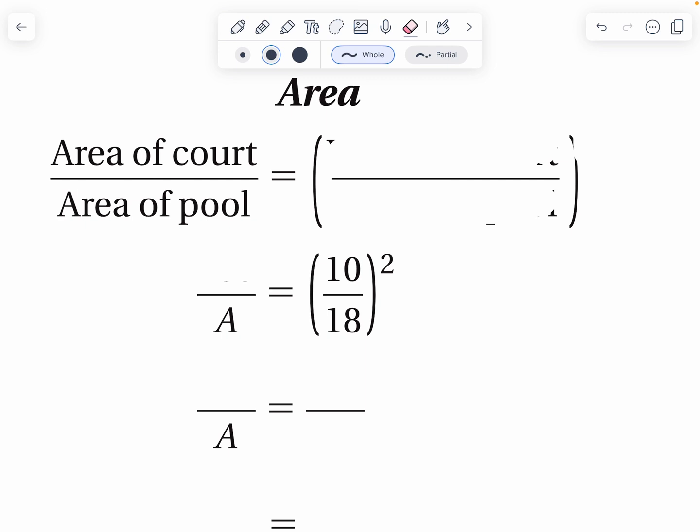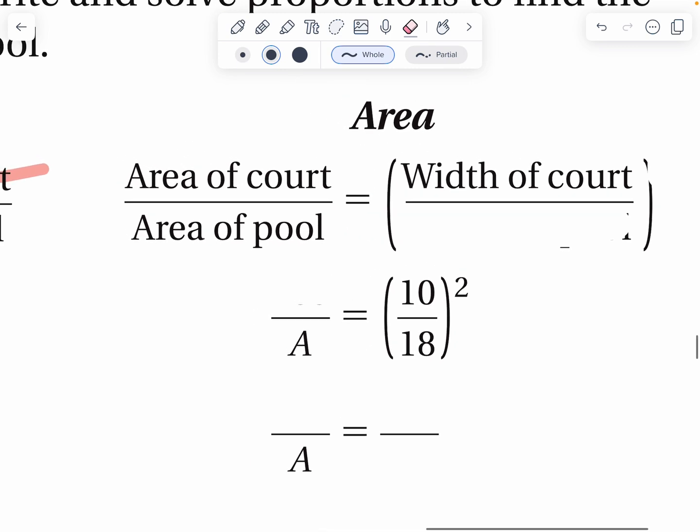It's squared because area is always squared, and you're talking about the ratio is squared. So here we go. The area of the court, which they're giving us. What is the area of the court? The area of the court is 200 yards squared, right?